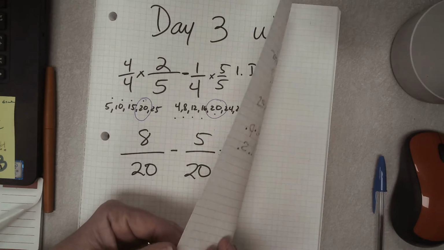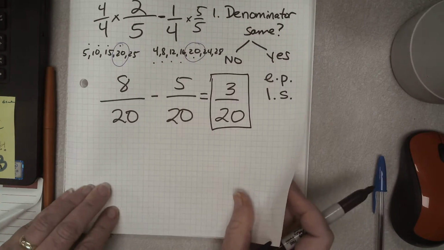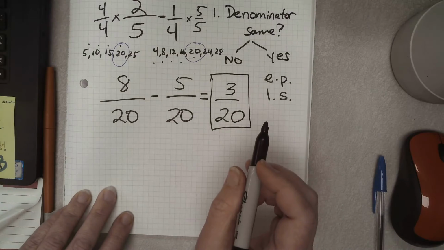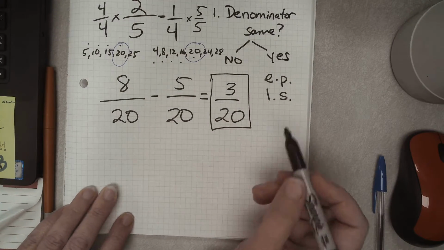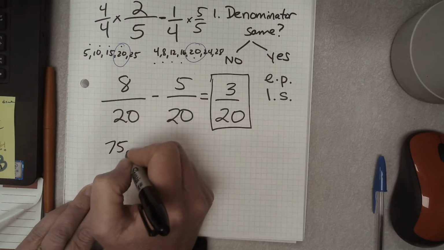Okay. Next problem is write 75 and 854 thousandths in expanded form. Jeez.